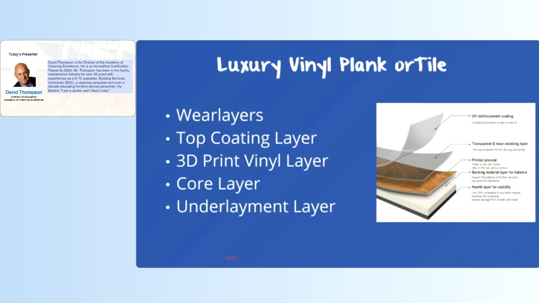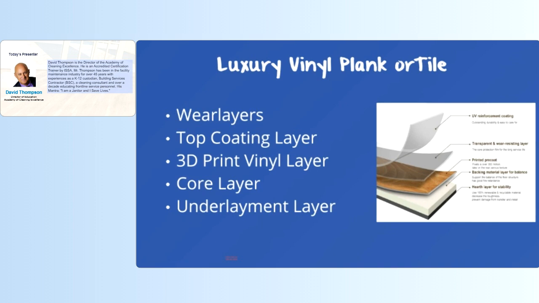So when it is put down initially, when you purchase it, it has a wear layer on the top. It has a top coating layer that's there. Now, these are what you're actually walking on. So all the traffic and everything's on that. Below that is then your 3D printed layer that makes it look like whatever wood or stone that you want it to look like. Then you have the core material and the underlayment.